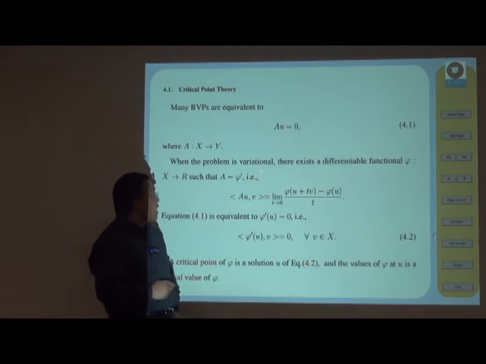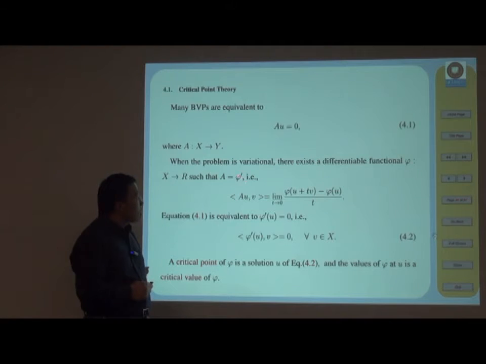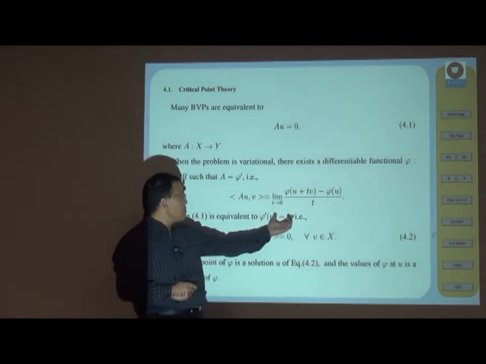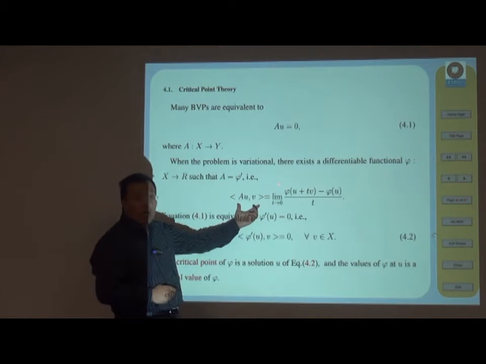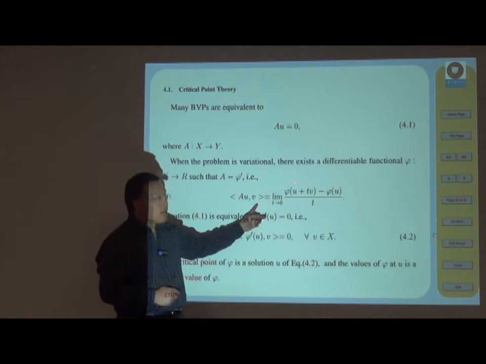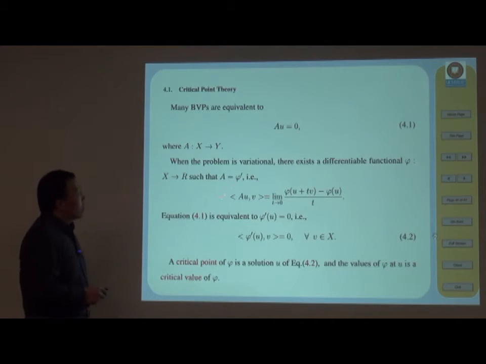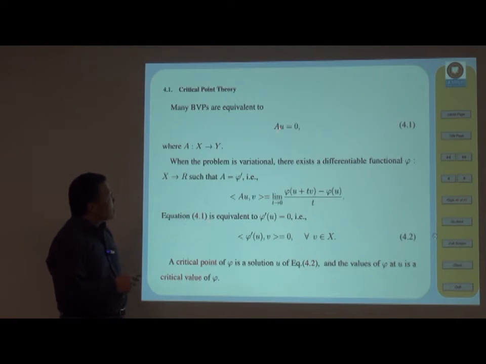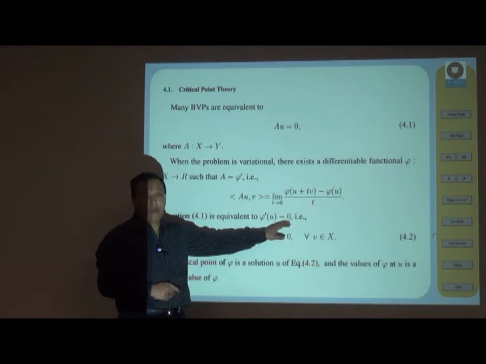There exists a functional phi, and this limit is denoted as A u v. Then equation 4.1 is equivalent to phi prime u equal to 0.